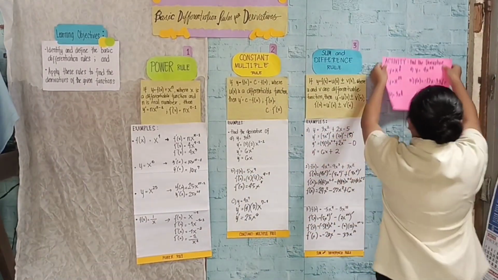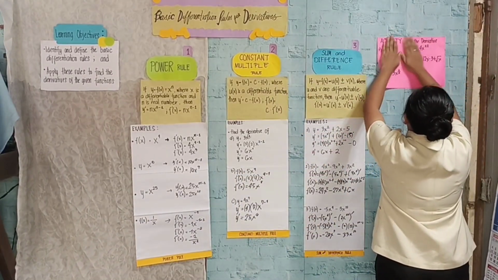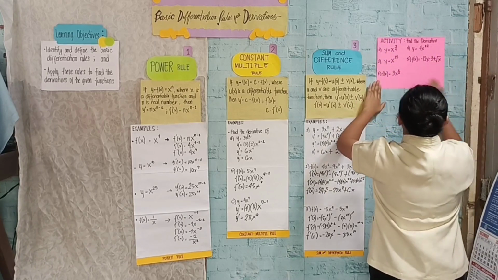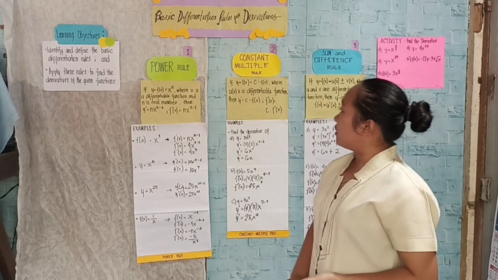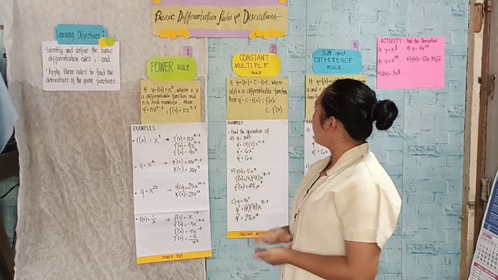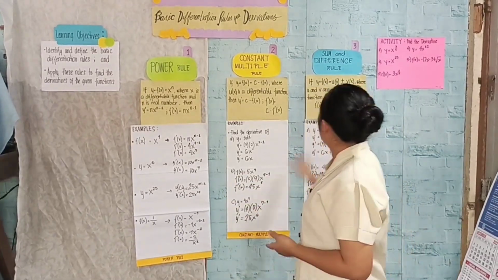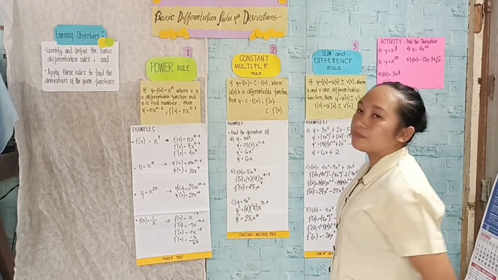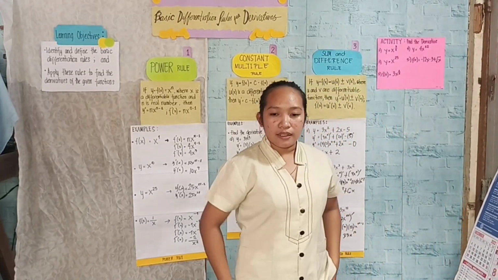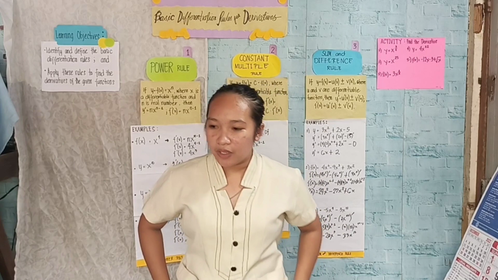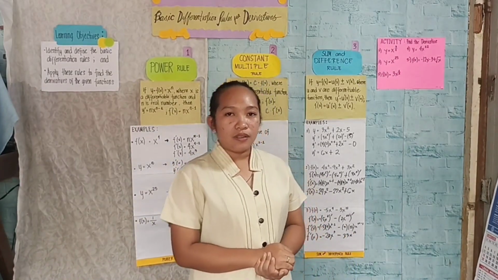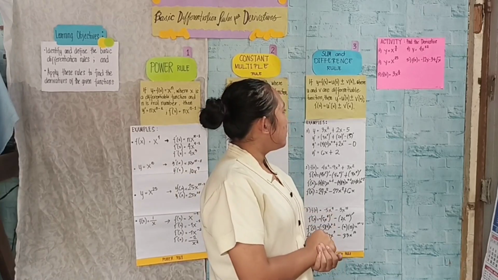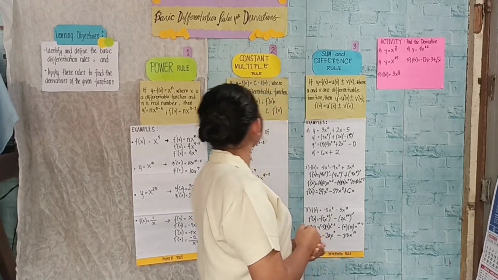Here is your activity. It is only a 5-item activity. This activity includes examples of power rule, constant multiple rule, and sum and difference rule. So answer it because you will be going to pass it in this class.